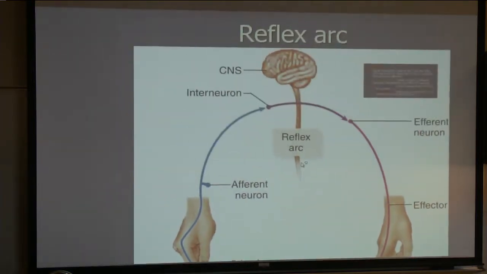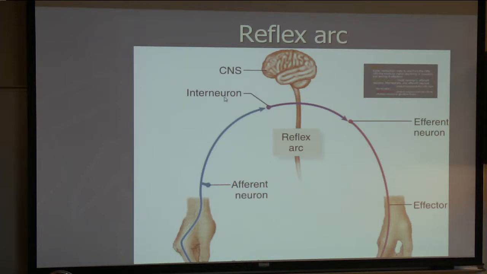Now, what we haven't discussed yet is this purple guy in between. This purple guy begins, even though the picture doesn't look like it, it begins and ends within the brain or spinal cord. Never ever do any of its fibers leave the brain or the spinal cord. Look at the name, interneuron. INTER means between.